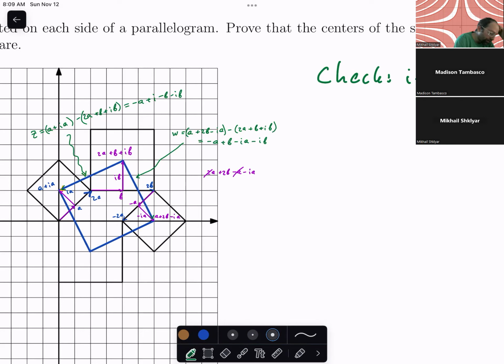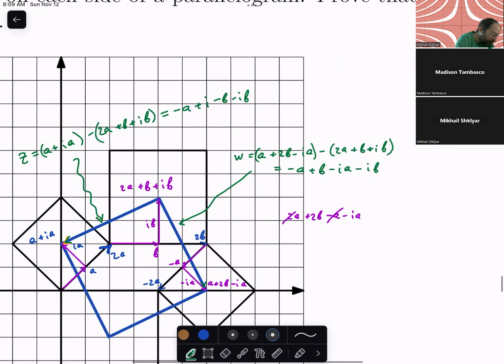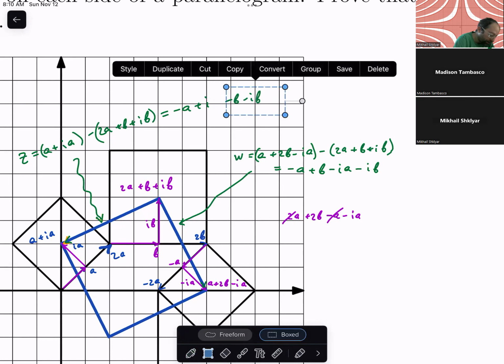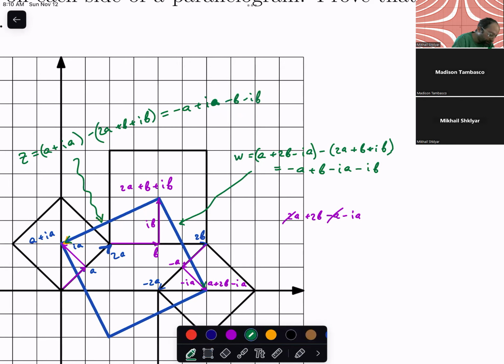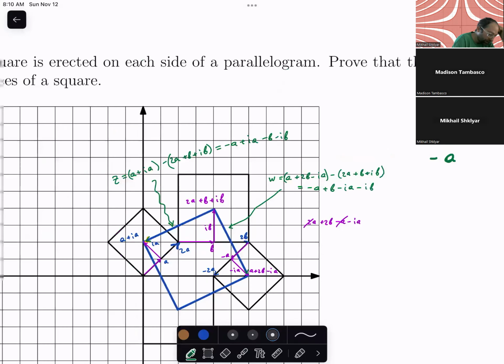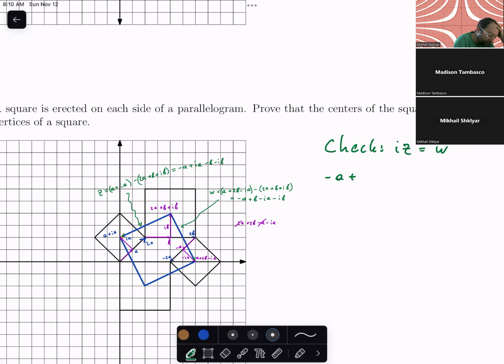Okay, so if I take negative a, oops, there needs to be ia here, right? It disappears somehow. Put an a here. All right, so if you have negative a plus ia minus b minus ib, and I multiply it by i, what do I get?